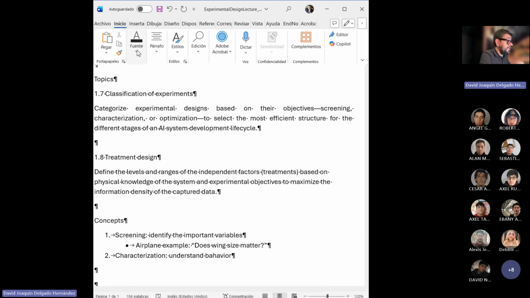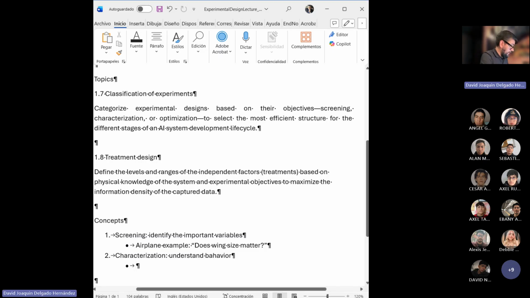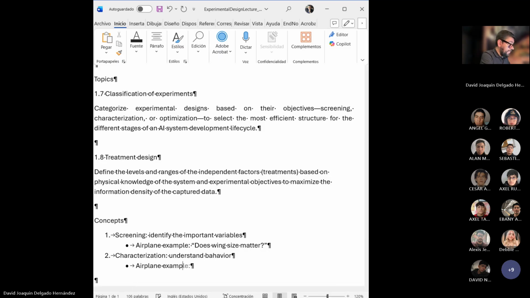Again, if we take the airplane example, the question will be, how does angle affect distance?